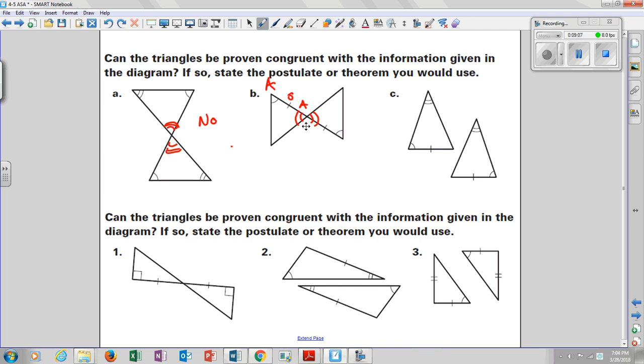Angle-side-angle. Whenever you're writing these down like angle-side-angle, you have to make sure that you're talking about the same triangle. I've seen some people look at it this way, like, oh, I have angle, angle, and a side. You can't jump from one triangle to the next. It has to be on the same one.